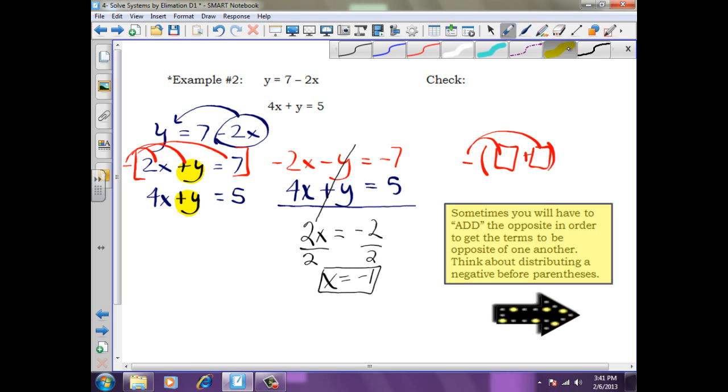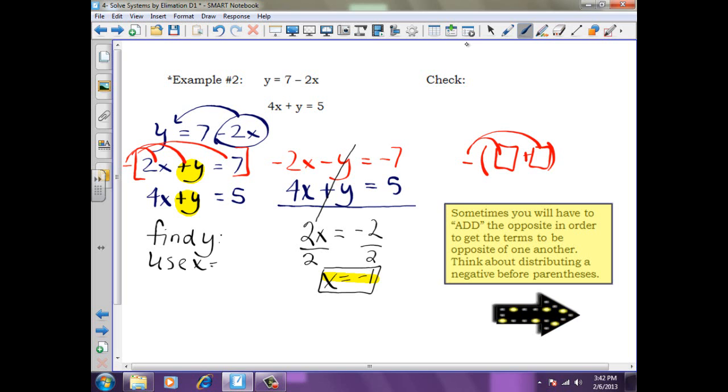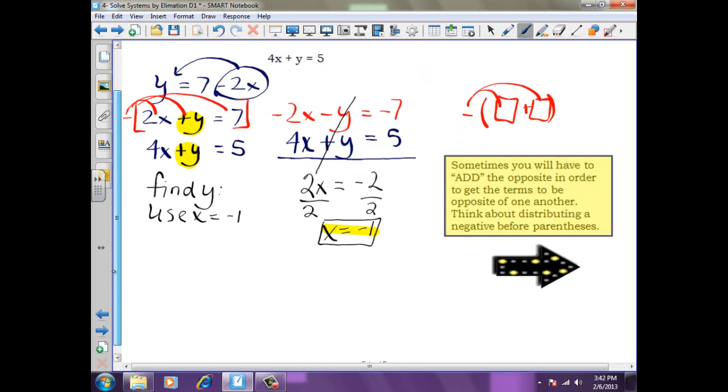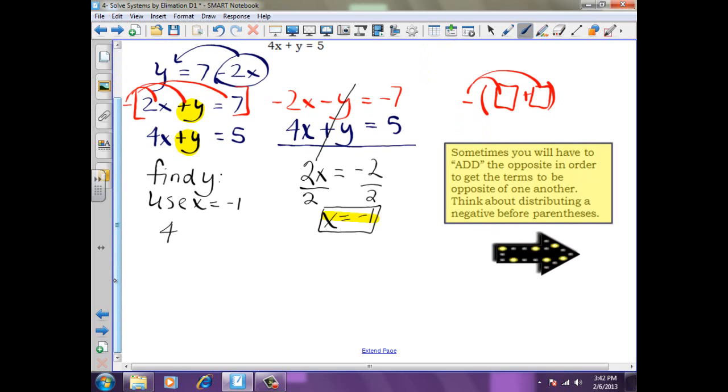There is one of my solutions. Now I want to substitute in that x equals negative 1 into one of the original equations. So to find y, I'm going to use my x, write one of the original equations, show my substitution, and solve for y.